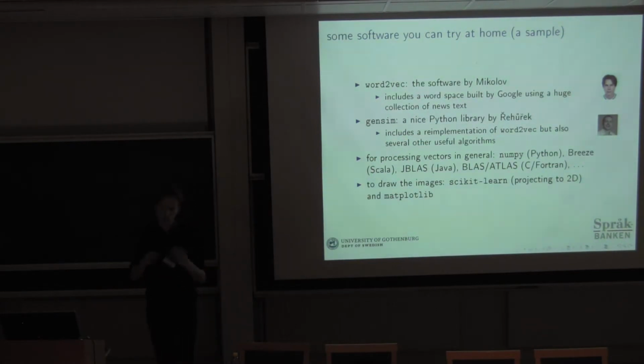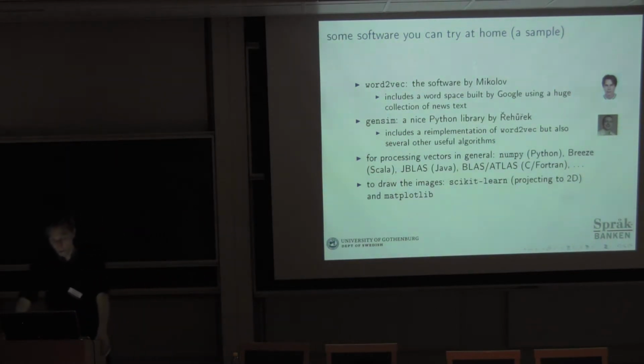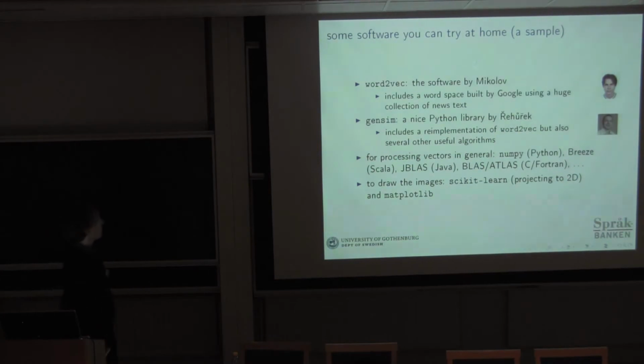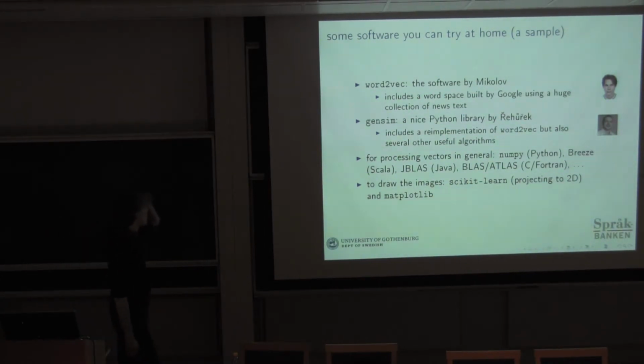So if you don't want to build a statistical model yourself, then you can use that. That is a C program. There is also a very nice Python library called Gensim, which was implemented by another Czech person. I'm not going to pronounce the name.